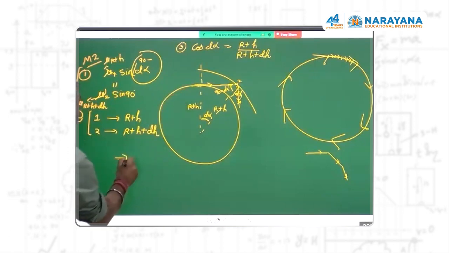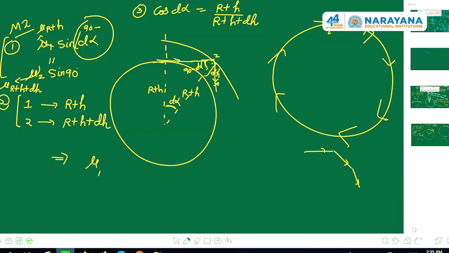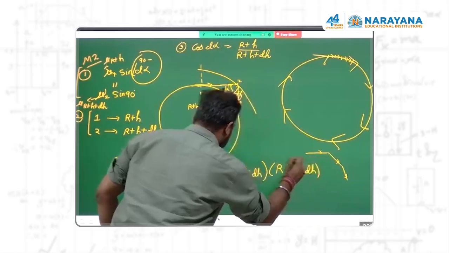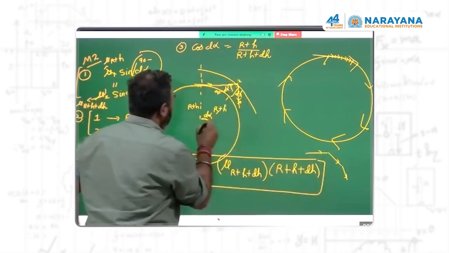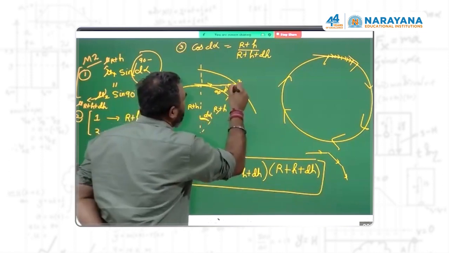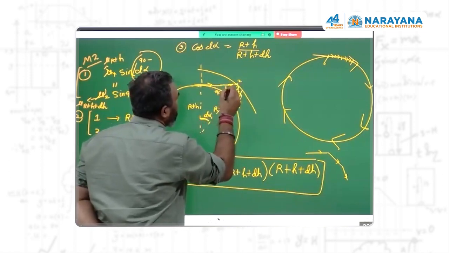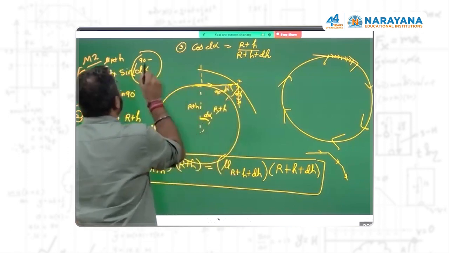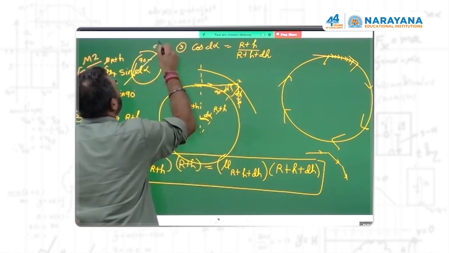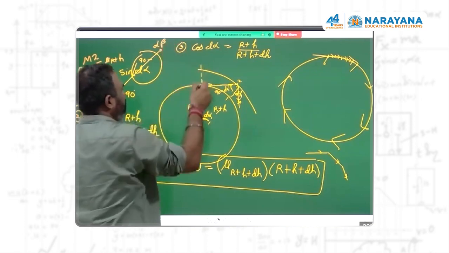So finally, what I'm getting again is mu at R plus H into R plus H is actually mu at R plus H plus DH multiplied by R plus H plus DH. Observe it carefully. Remember, this angle I had taken as d alpha, so this was 90 minus d alpha. So for the previous interface, with respect to the normal there, it is 90 minus d alpha. I could have written it as some d alpha prime also, or d beta, so it doesn't matter.